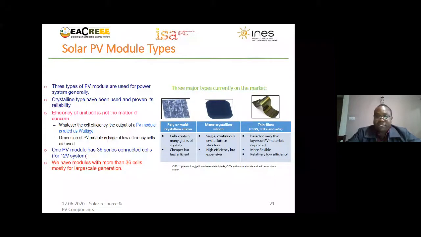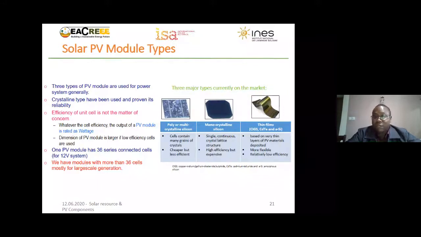The price of this is generally high, and the reason mostly is the process it takes for processing of these cells. So the advantage over the polycrystalline is that the efficiency usually is high, and later on we'll see what we mean by efficiency of a solar cell.